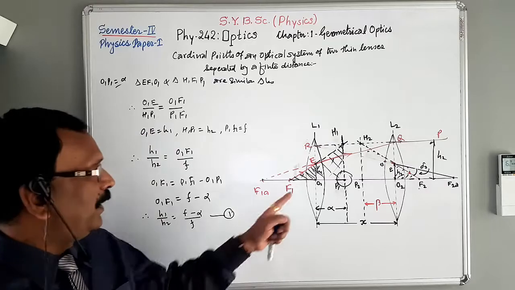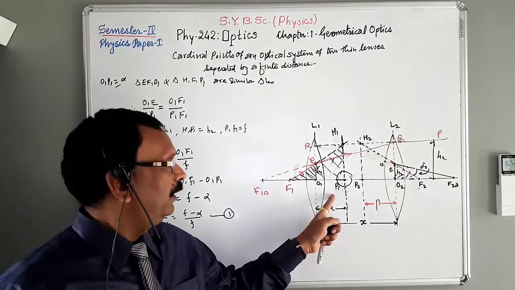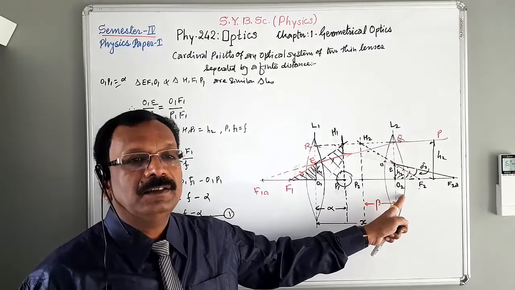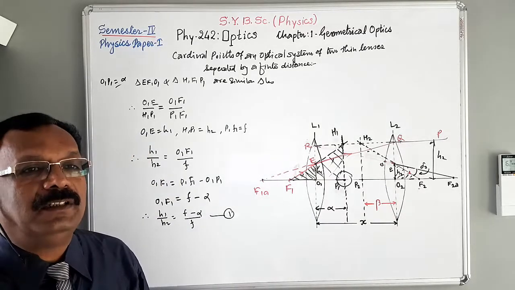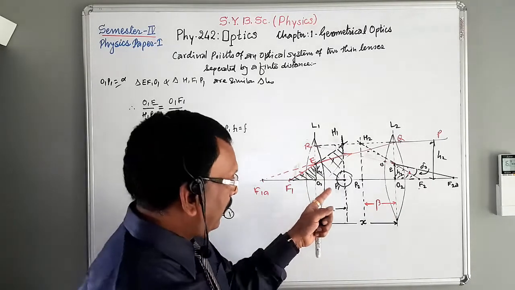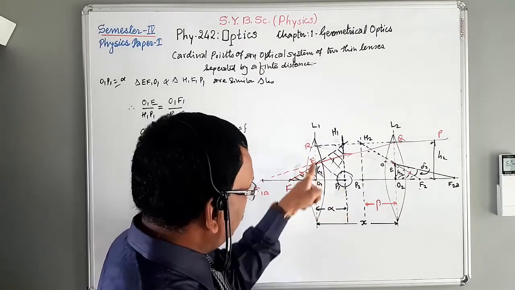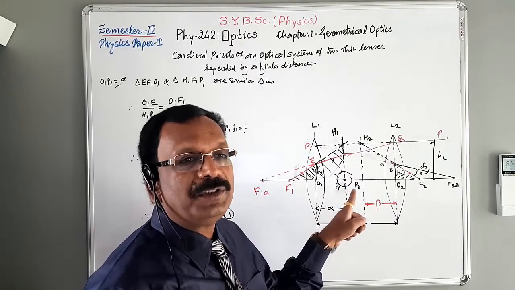Now, the first principal point P1 is situated, with respect to this L1, toward the right, so it is taken as positive.